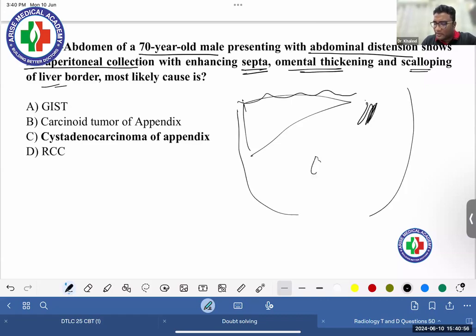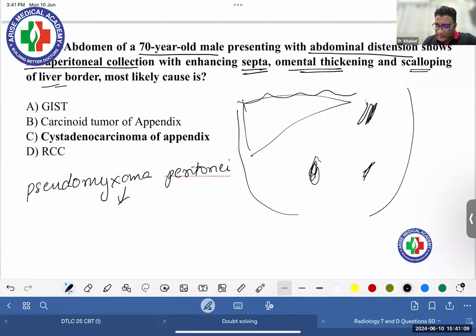Ascites in the patient, omental thickenings and so on. All of this is suggestive of pseudomyxoma peritonei. These words indicate pseudomyxoma peritonei. Pseudomyxoma peritonei occurs with mucinous carcinomas of the ovary and appendix.